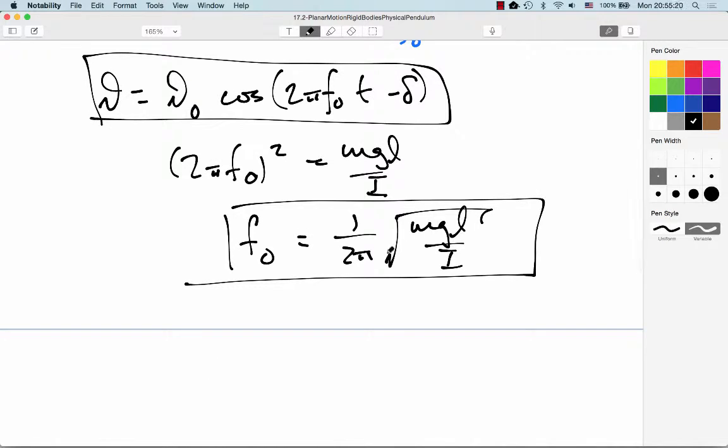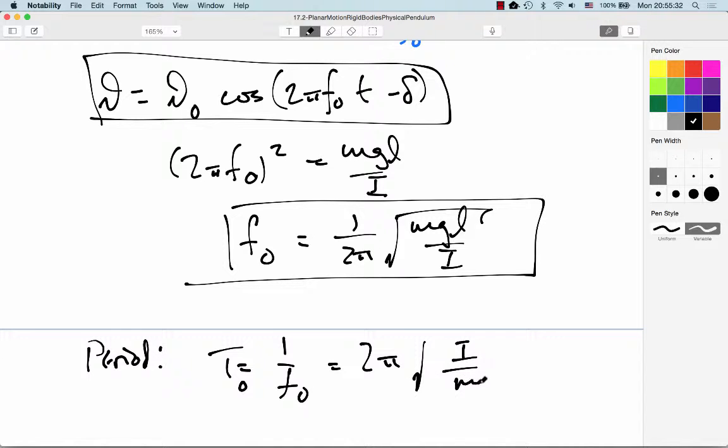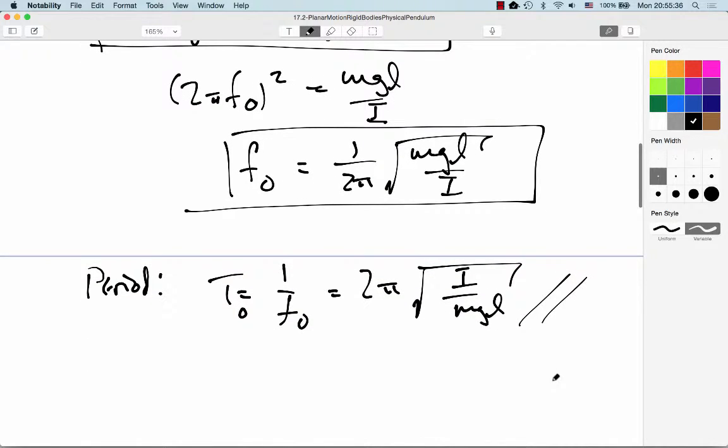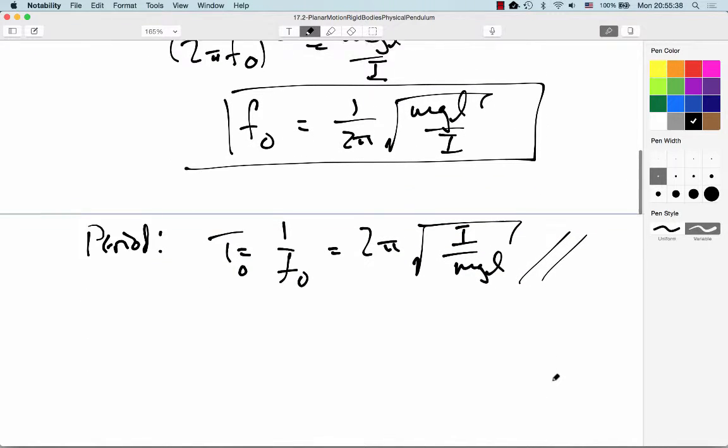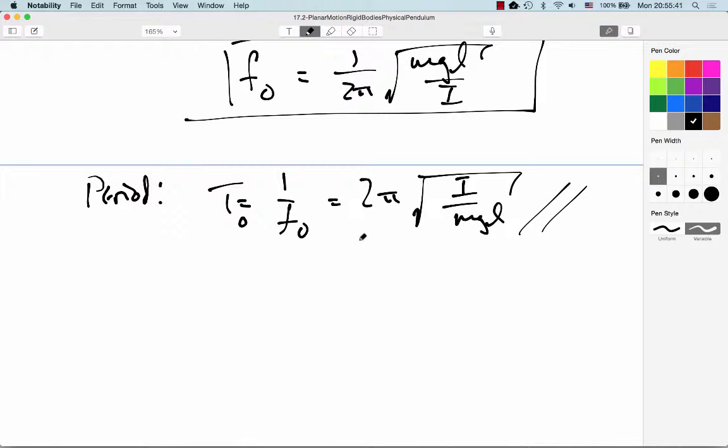So the period is 1 over the frequency. So that'll equal 2 pi times root I over mgl. And here's where the radius of gyration comes in kind of handy.